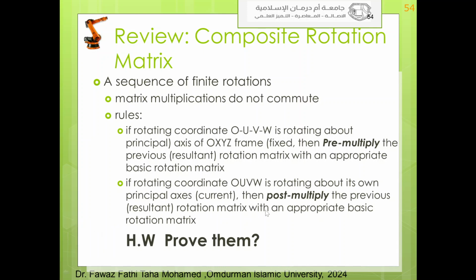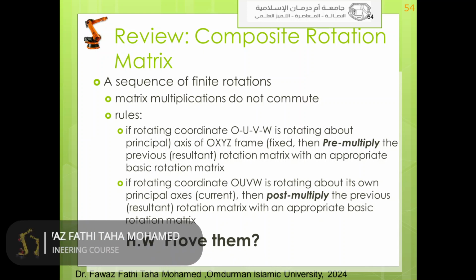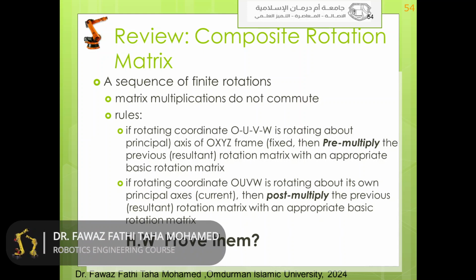So how to prove this? With post multiplication and pre-multiplication, we can use this principle also for minimal representation, because the minimal representation contains a combination of the rotation matrices around x, y, z.